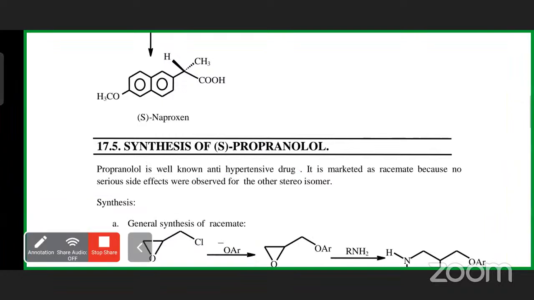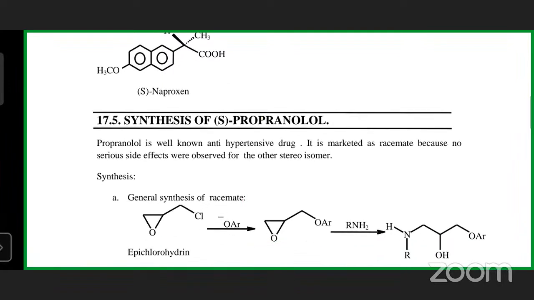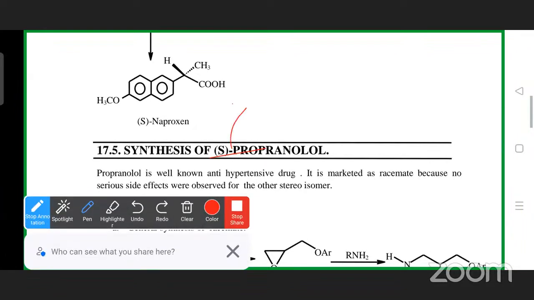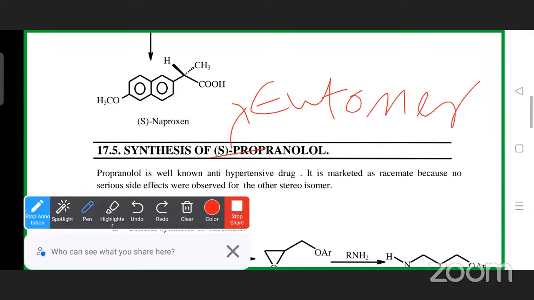In case one and case two like that. So in that, the other isomer, right? Here the S isomer, S-propranolol, is the eutomer, the more active isomer here, and R, okay.